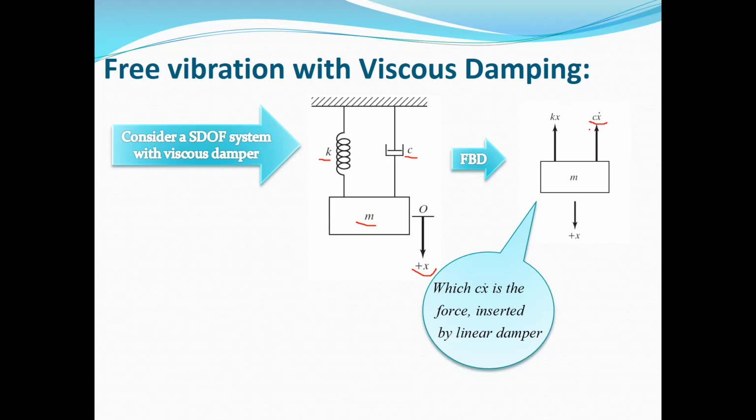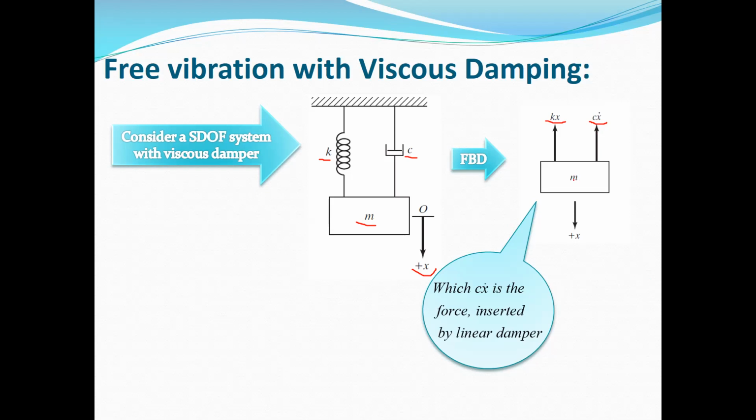So we will have C x dot. If you plot the free body diagram for the mass M and assume that mass M is going down in the positive direction of x, we will have one reaction due to the spring, which is k times x, and one reaction due to the damper, which is C times x dot. C x dot is the force exerted by the damper on the mass M.